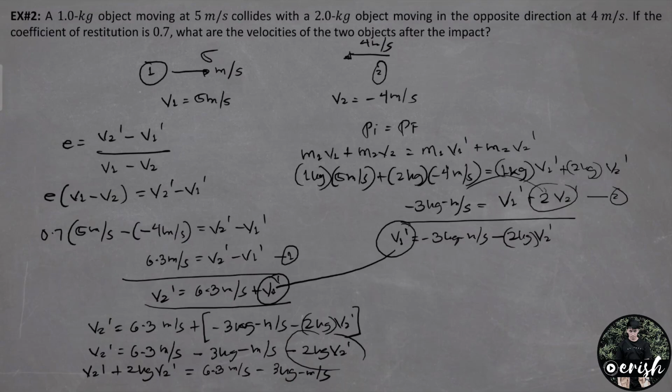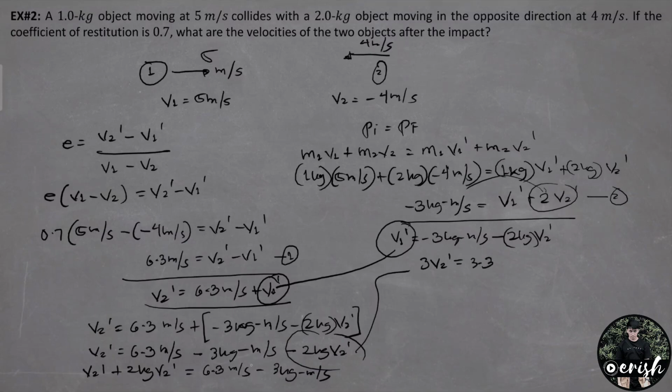Then we combine like terms. I-remove na natin yung units para hindi na masyadong complicated yung equation. So we have V2 prime plus 2 V2 prime. This is 3 V2 prime na since algebraic solution na ginagawa natin, equals 6.3 minus 3. We have 3.3.